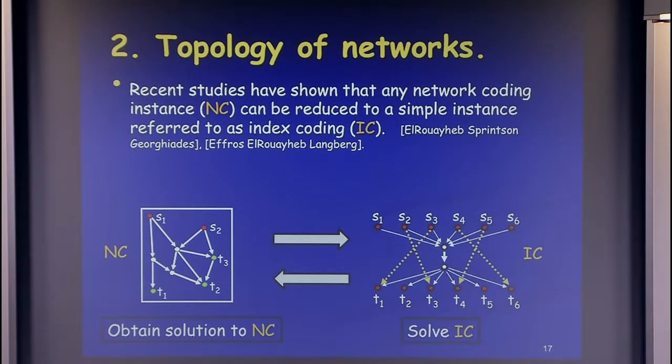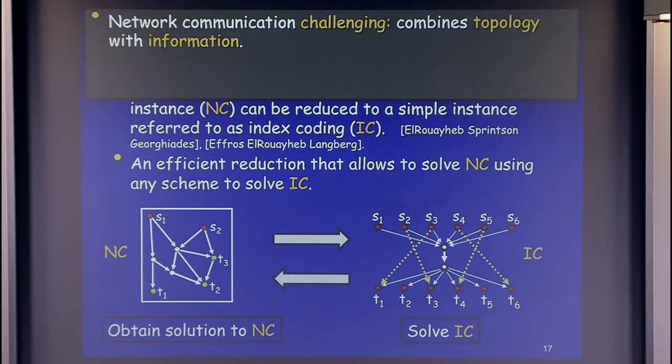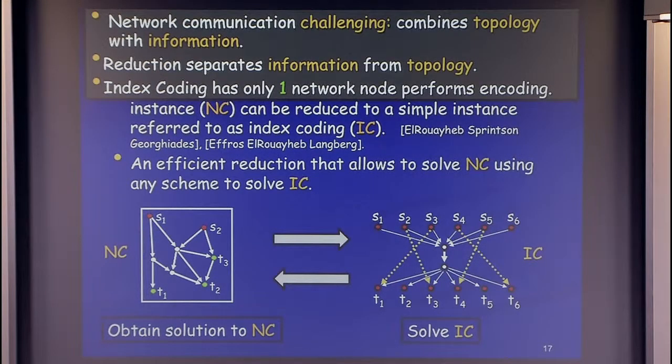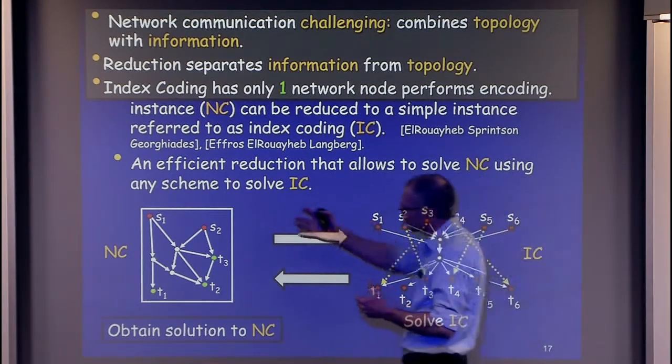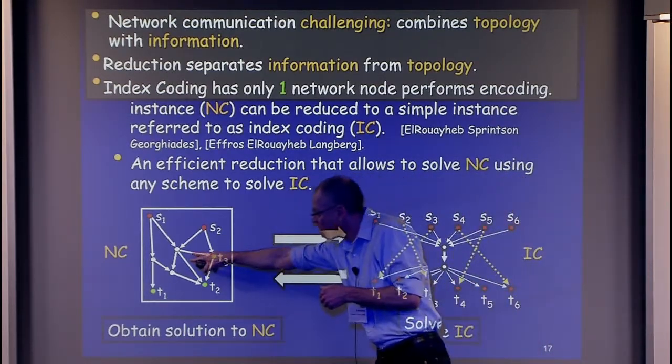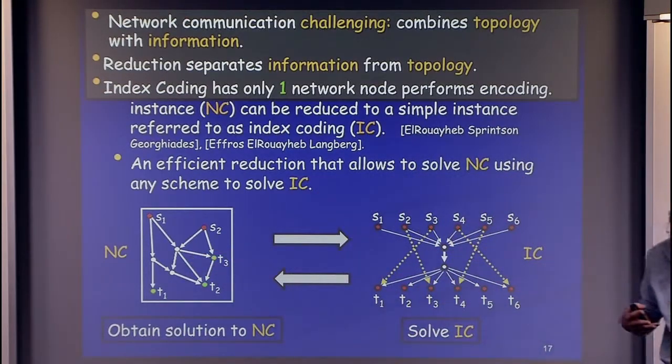I think it's a nice reduction in the sense that it allows us to separate two difficulties in network communication. One is that we're looking at a topology, and the other is that we have to encode. Encoding information while also preserving these topological constraints becomes more difficult. If we reduce everything to index coding, it's simpler because only one node does encoding.